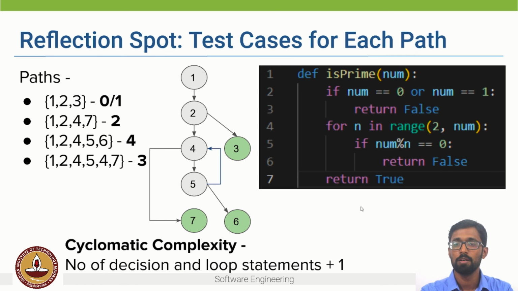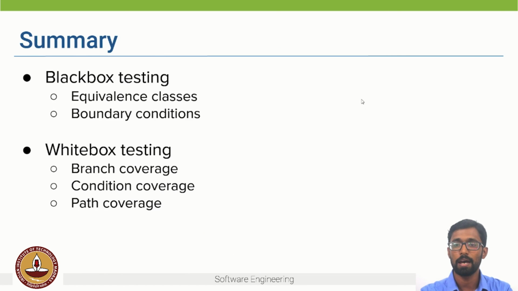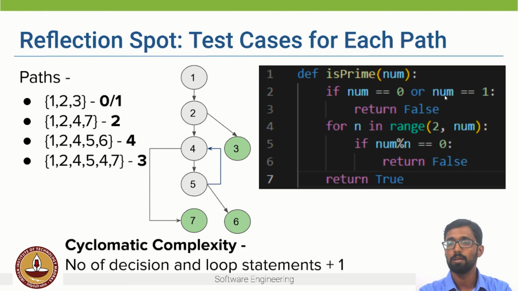In this case, we have num equal to 0 or num equal to 1 as one condition, the for loop as the second condition, and num mod n as the third condition. So we have 3 conditions, and the cyclomatic complexity is 3 plus 1, which is equal to 4. Hence we have 4 paths, and we need at least 4 test cases.